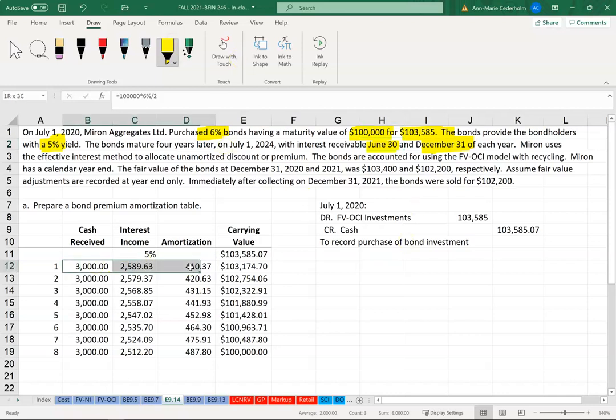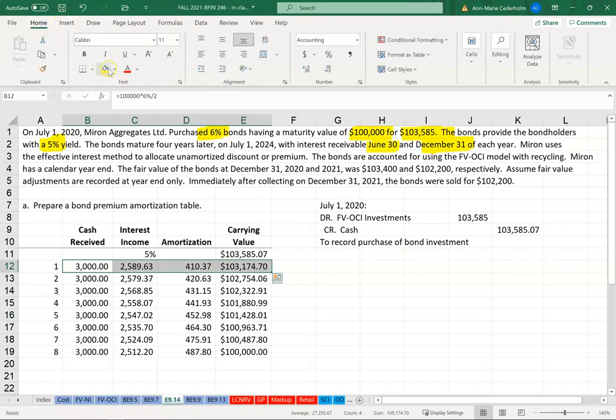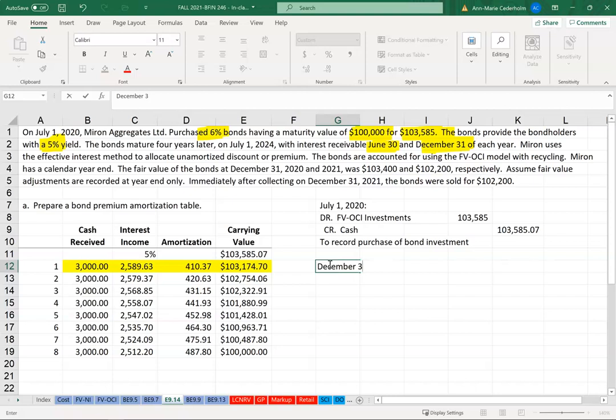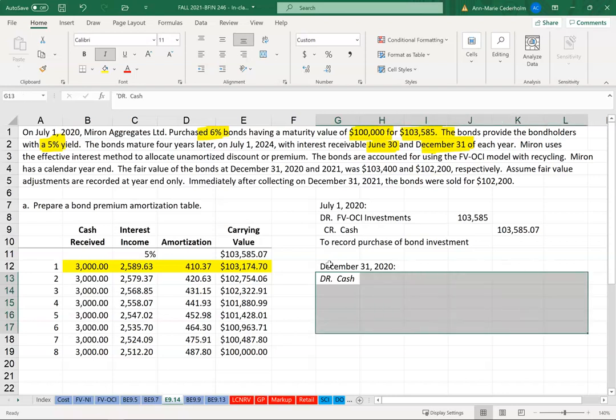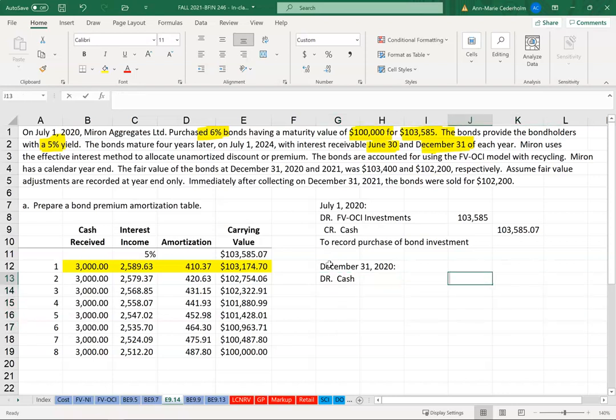So the first interest payment I'm going to make is this one. December 31st, 2020, I'm going to debit cash for this $3,000.